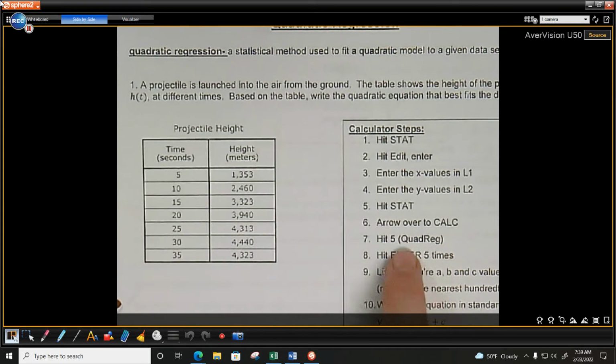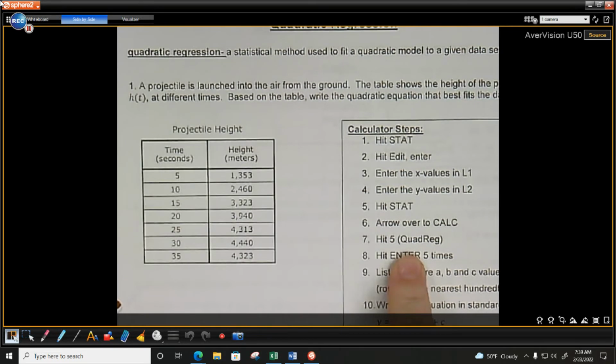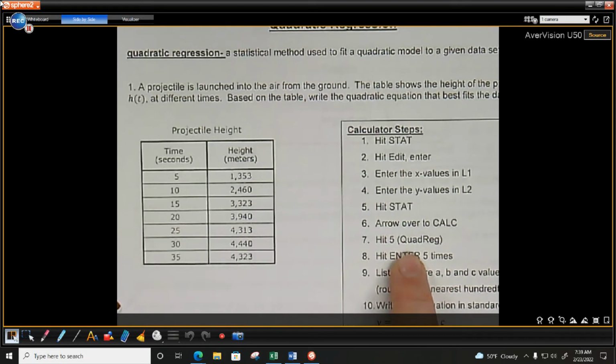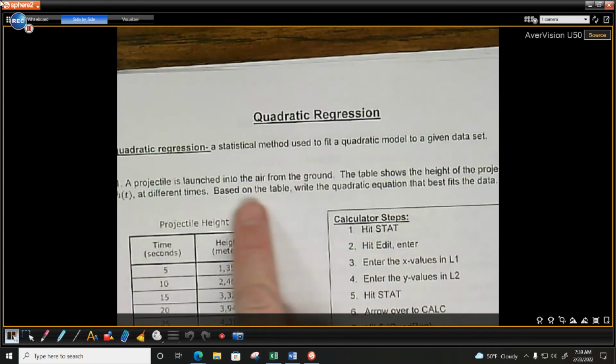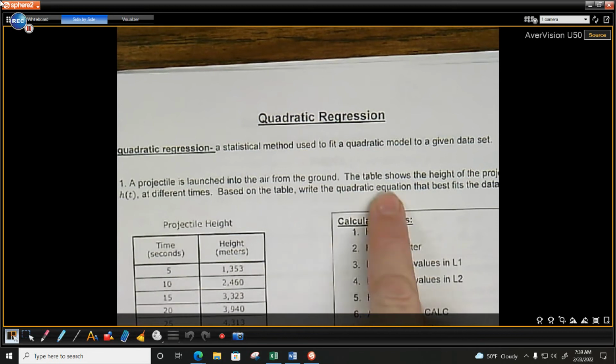There's one that says linreg, there's one that says expreg for exponential regression, and then there's one that says quadreg for quadratic regression. How do you know when to choose which regression? It's always going to tell you. Based on the table, write a quadratic equation. So I'm going to use quadratic regression.